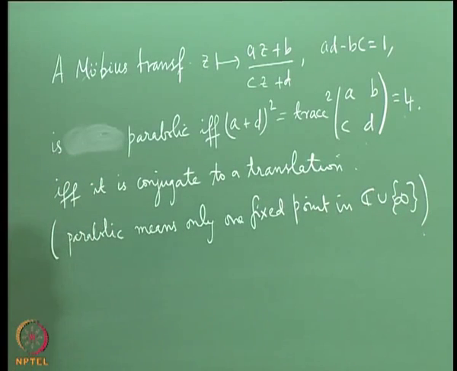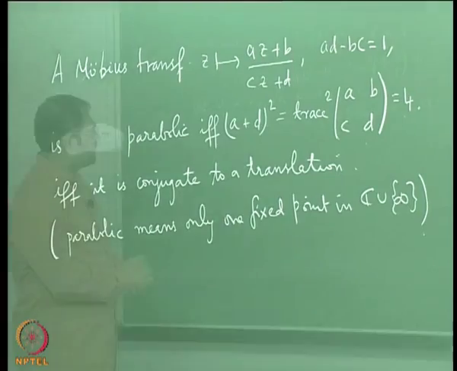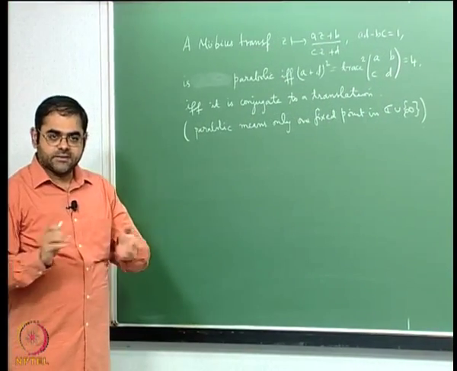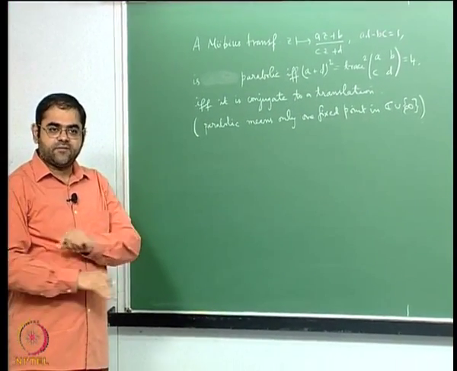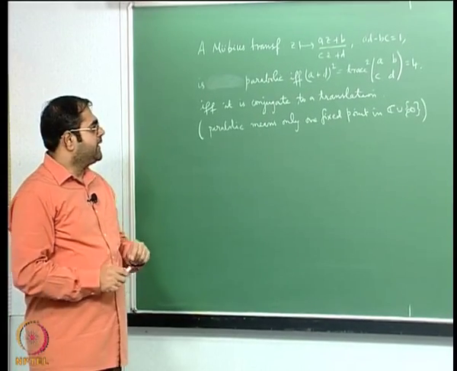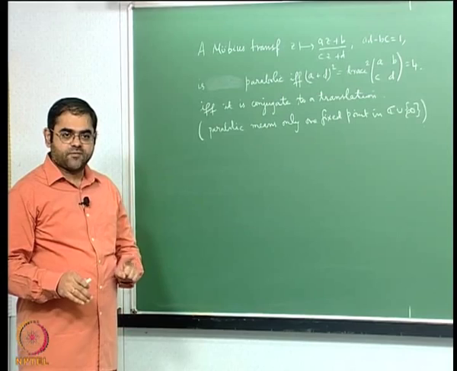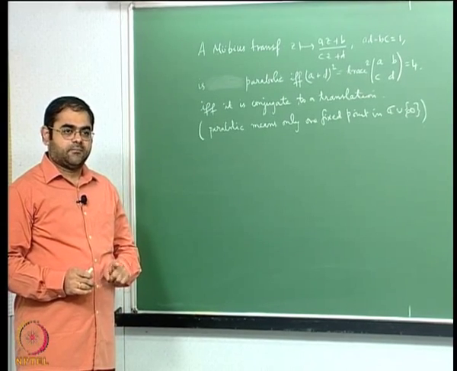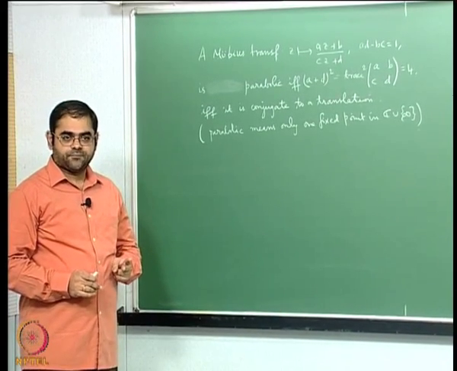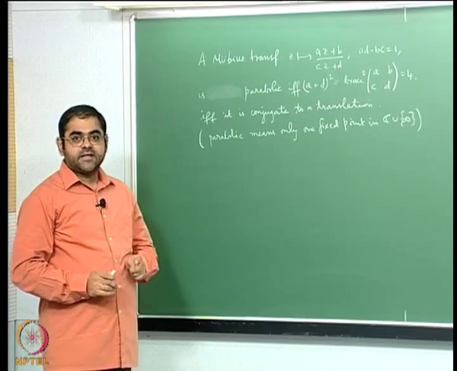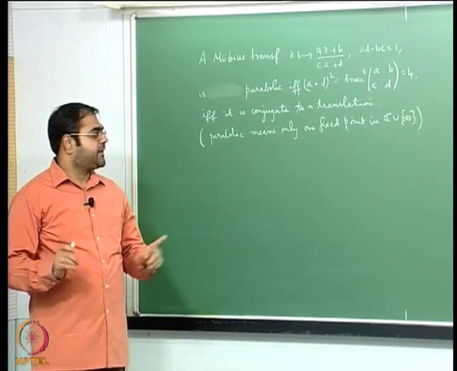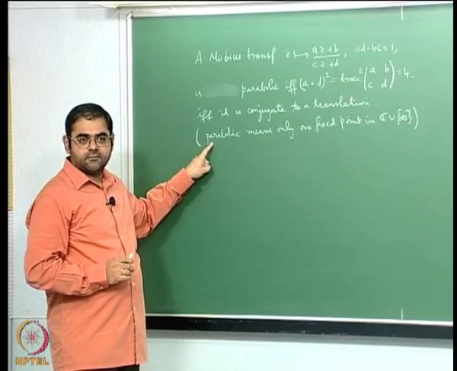A Moebius transformation, if it is the identity, will fix every point. If it is not the identity it will have at least one fixed point and at most two fixed points, and the case when it has only one fixed point is called parabolic.